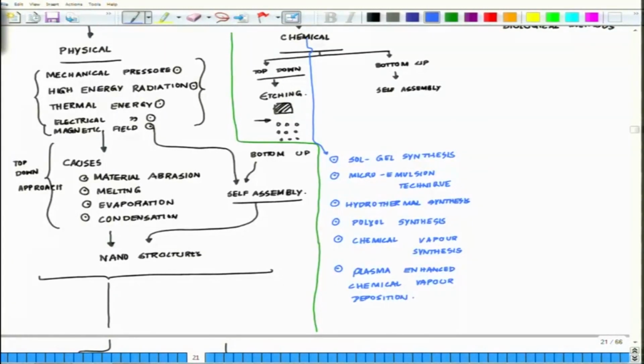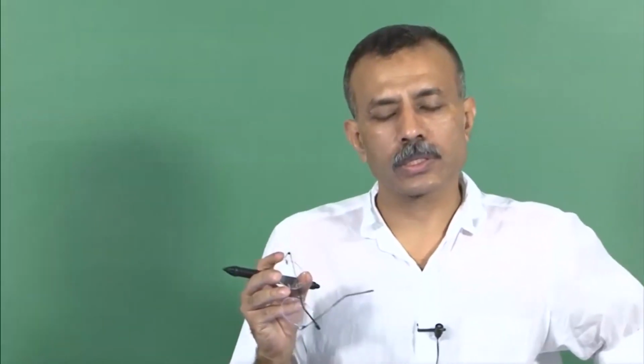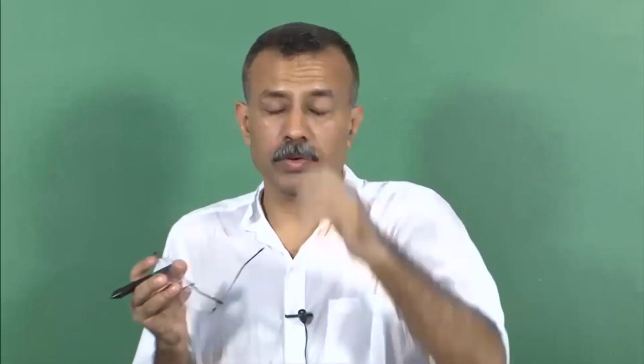So these are some of the broad classification of chemical synthesis of nanomaterial: sol-gel, microemulsion, hydrothermal, polyol synthesis, chemical vapor synthesis, and plasma enhanced chemical vapor deposition.